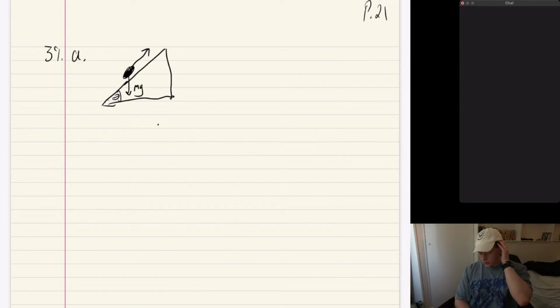So that's mg. And we have negative acceleration. We should have negative acceleration in this direction, right? But what would this be? That's whatever this angle is.